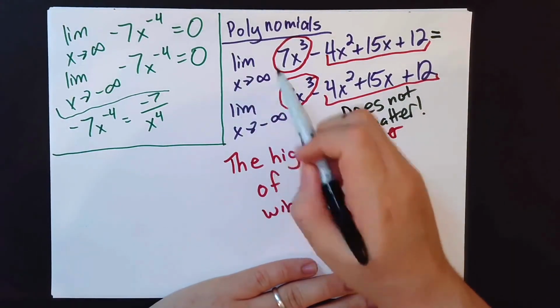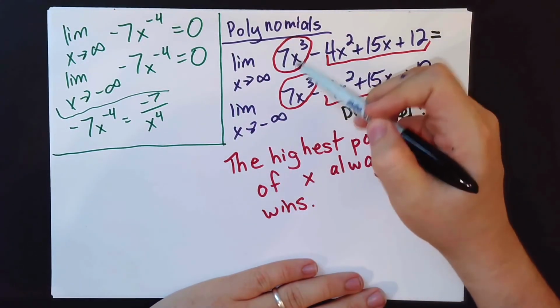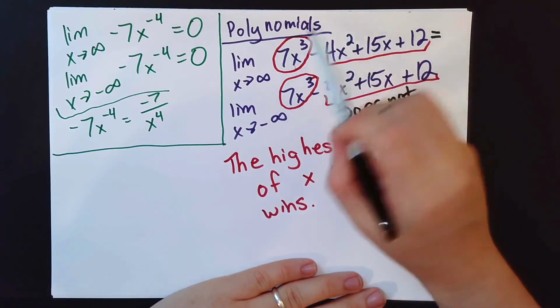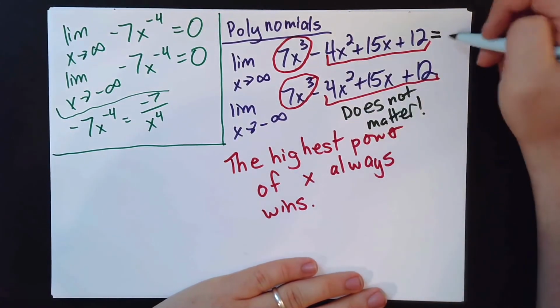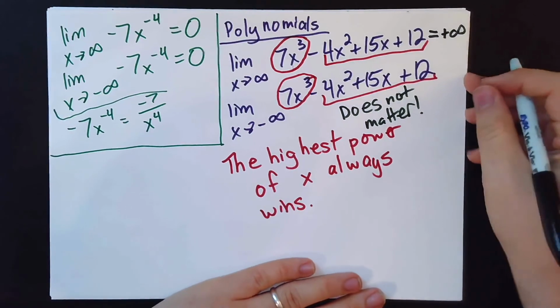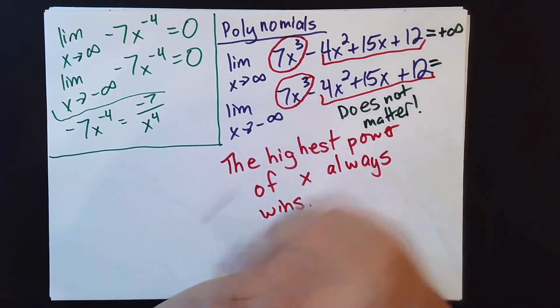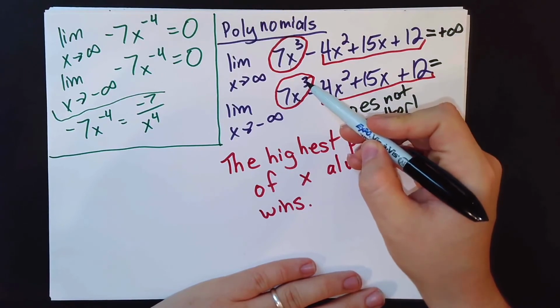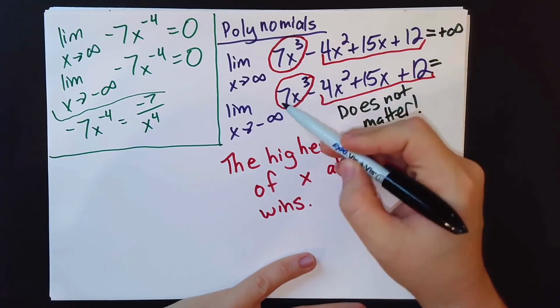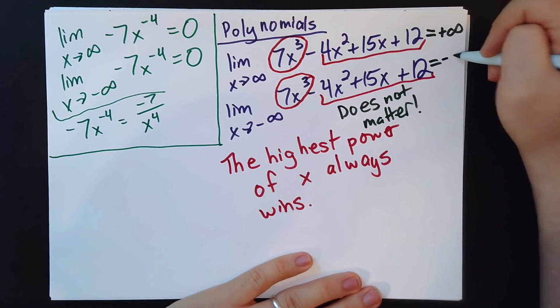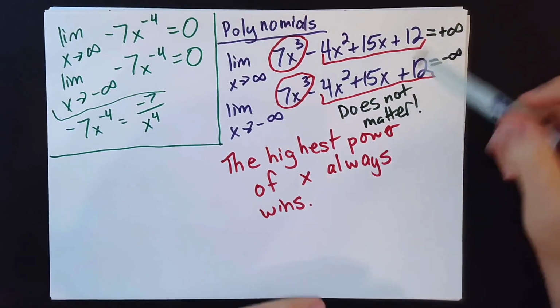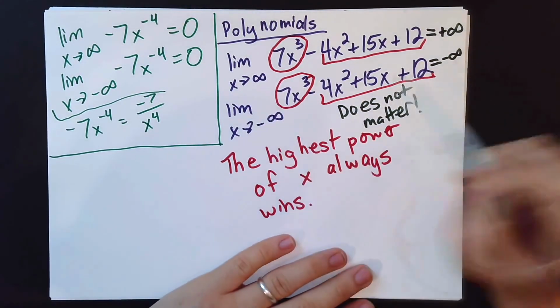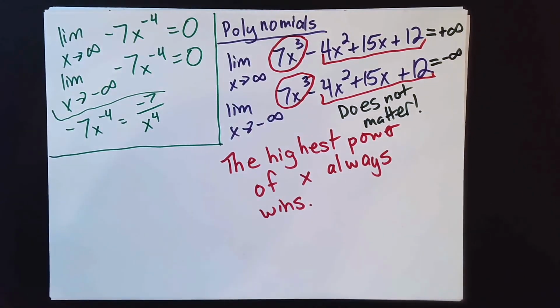So huge positive input, cube a huge positive number, get a huge positive number, multiply it by 7, get a huge positive number. So we get plus infinity. If I take a huge negative input, I'll cube a huge negative input. I'll get a huge negative number, multiply it by 7, I'll still get a huge negative number out. Okay, so this first one was positive infinity, the second one is negative infinity.